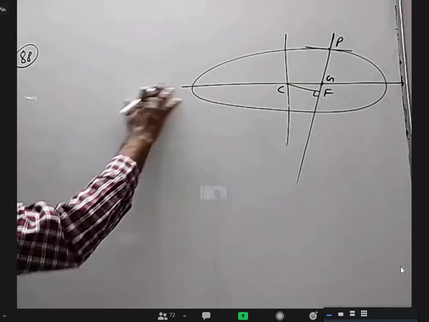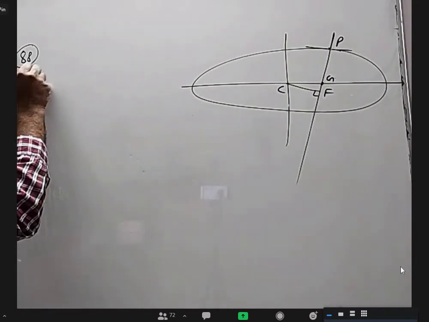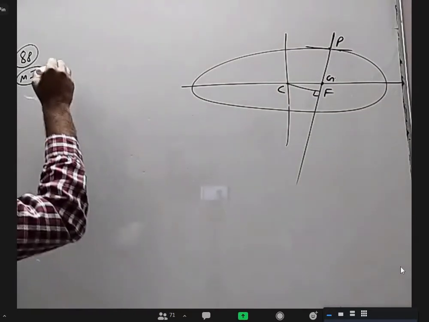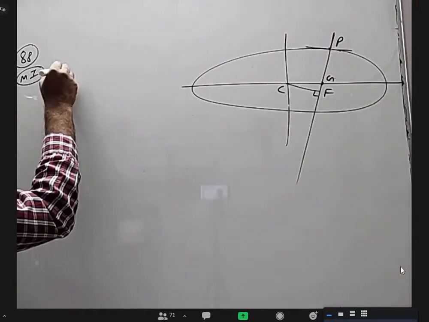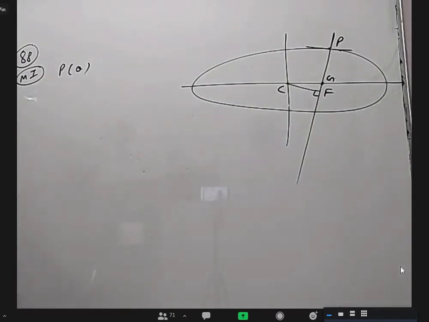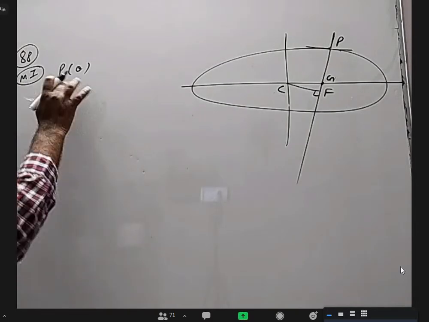One method. First of all, finding G is easier. Why? Because if I take P as theta, I don't want to take it in terms of theta, I can take it in terms of x1, y1 also. Let's say I'll take P as theta.